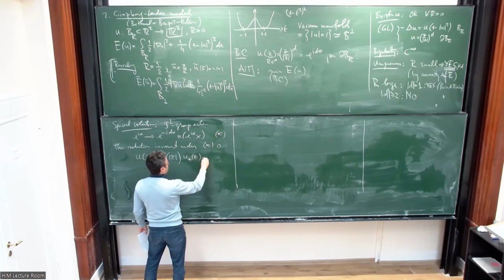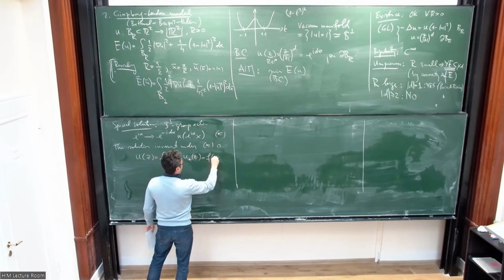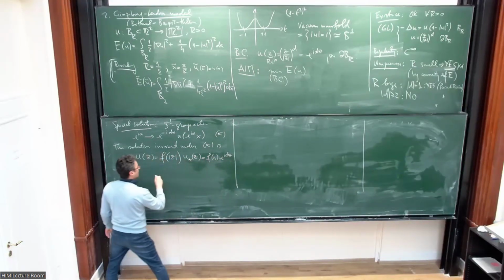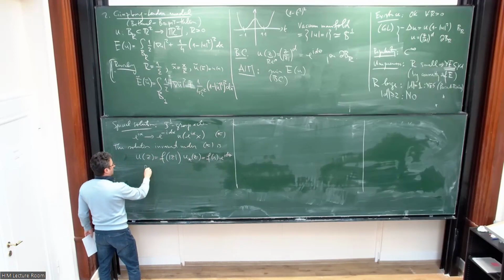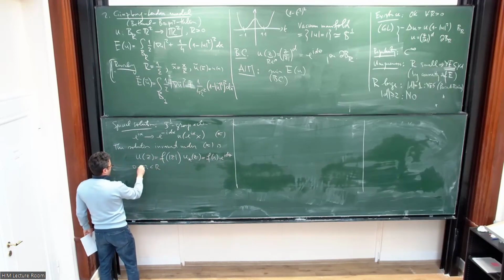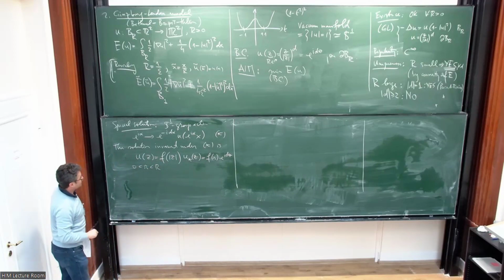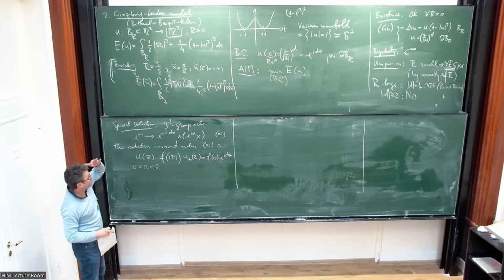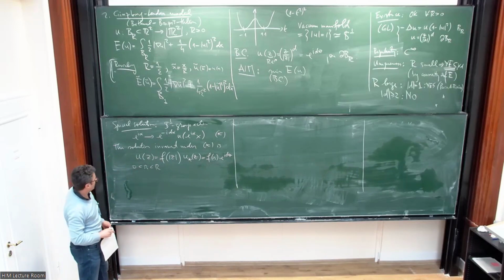So if you want, it's nothing but f of r times identity of theta, where r is between 0 and 1. So you can prove that the only solution that is invariant under this is this one.